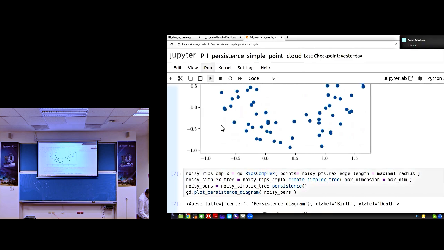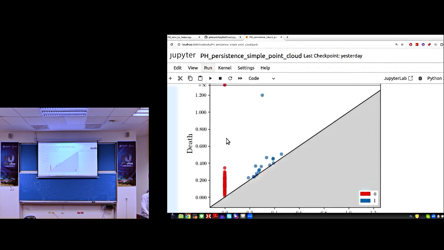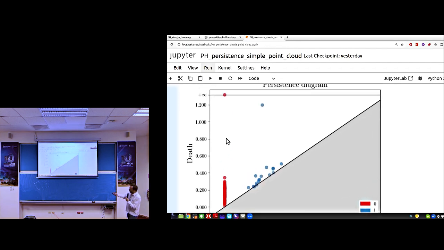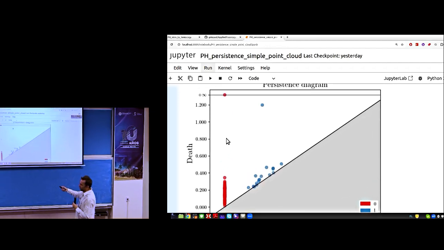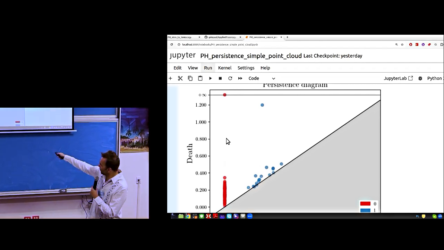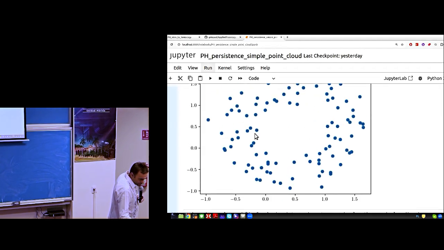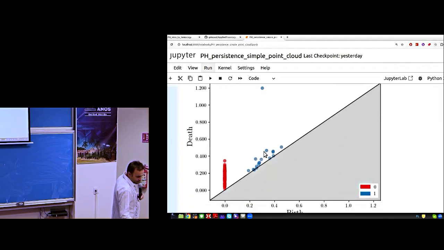Doing the construction again. So you see it's much more noisy. Right now, all the points are not dying in the same way because they are spaced with different intervals. We get some possible cycles appearing somewhere in the middle. You can imagine that there are some short-living cycles appearing.